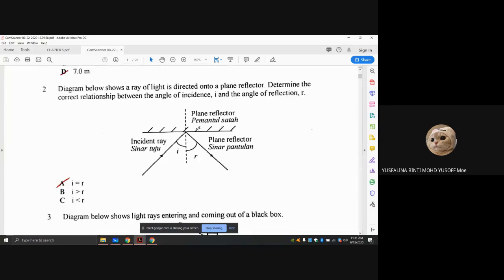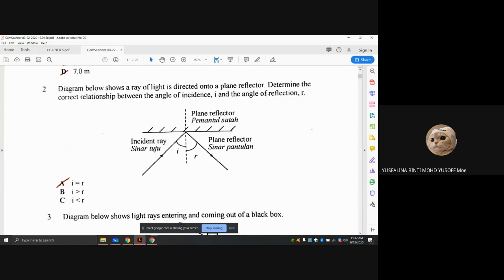Right, for question number 2, it says the diagram below shows a ray of light directed onto a plane reflector. Determine the correct relationship between the angle of incidence i and the angle of reflection r. So you know the rules, the laws of reflection.